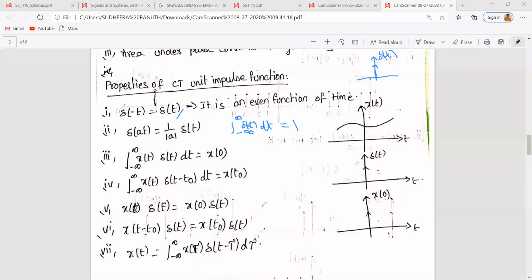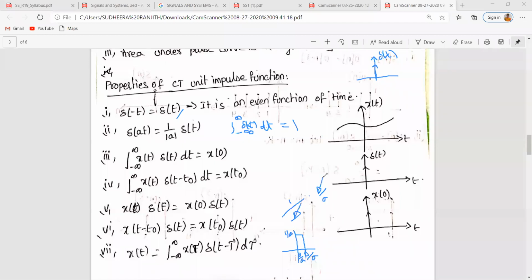Actually delta is nothing but this pulse from 0 to delta. If we time scale this by a factor of a, it becomes 0 to delta by a, right? Now if we find the area of this curve, it is 1 by delta into delta by a, isn't it?